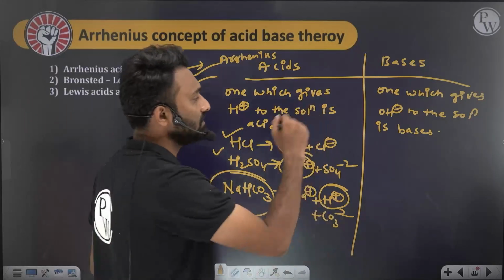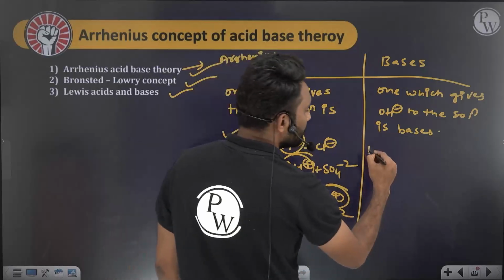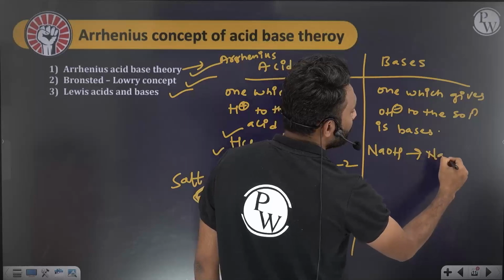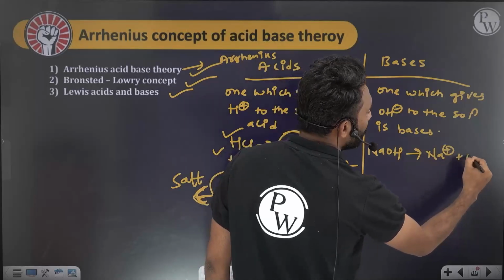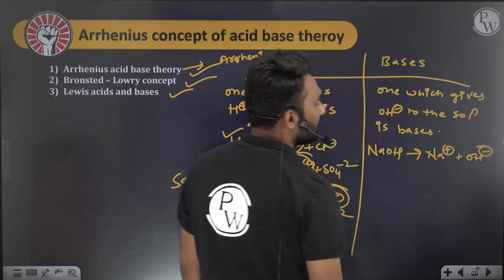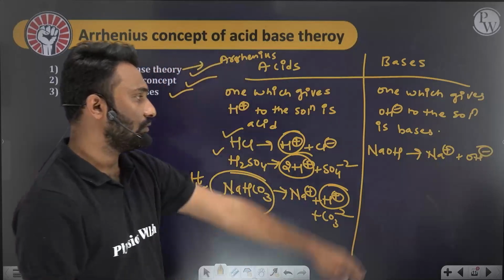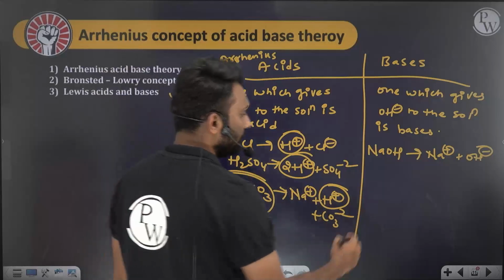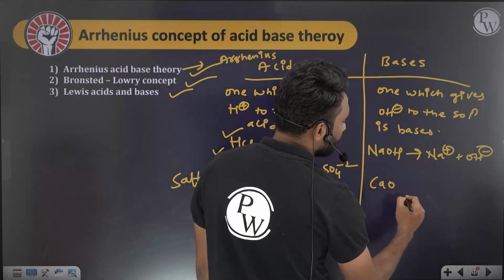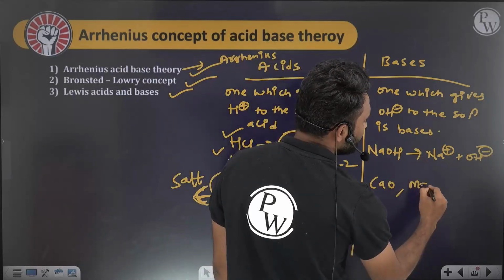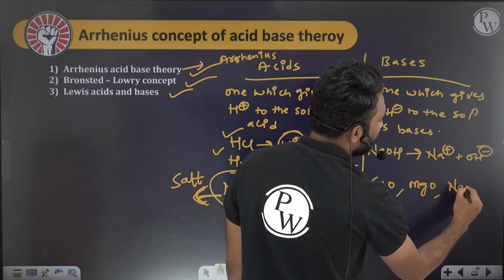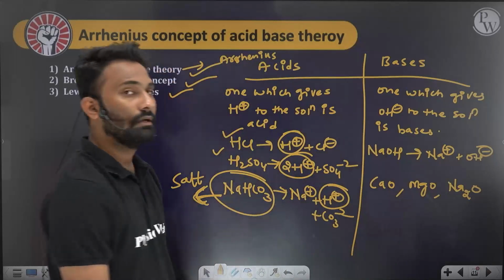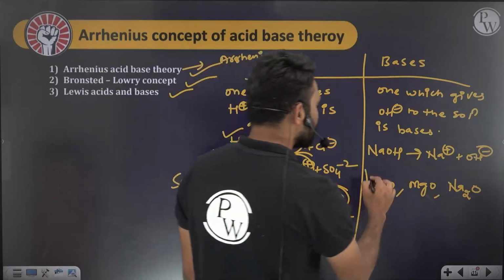Now look here at bases. If you take NaOH, sodium hydroxide, it gives Na plus and OH minus, so that is the base. Okay, fine. Now look here: calcium oxide, magnesium oxide, Na2O. These are all strong bases.